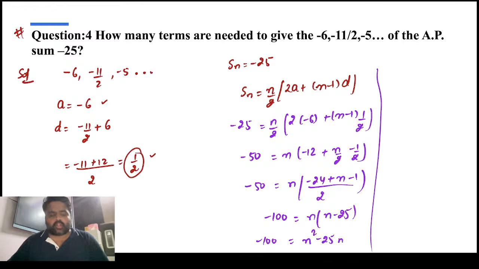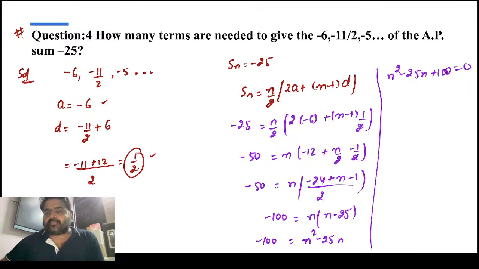Now take all the values to a single side. n square minus 25n plus 100 is equal to 0. This is a quadratic equation, and all of you know how to solve it by splitting the middle term, or by using the quadratic formula.